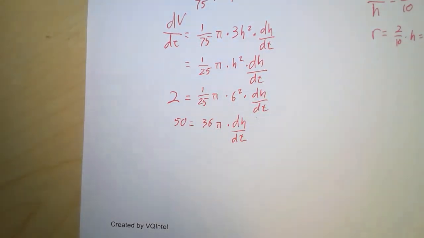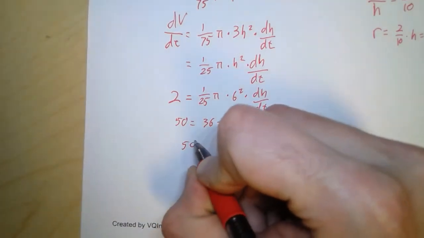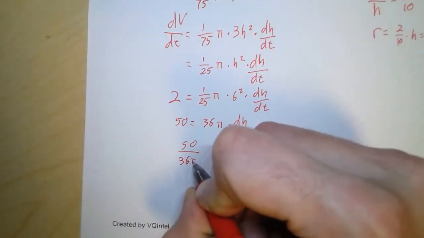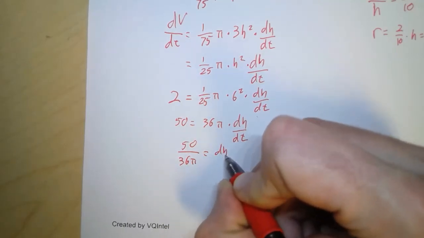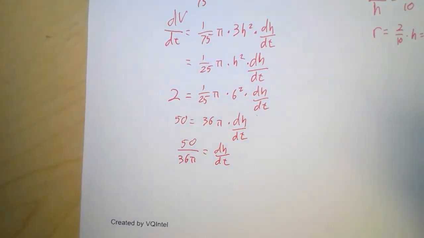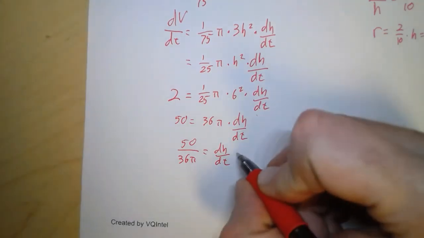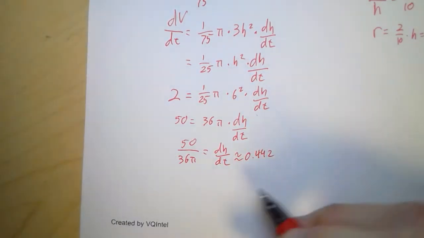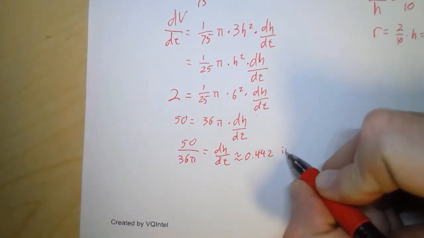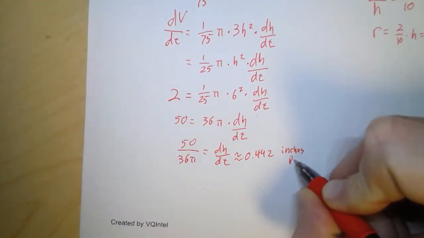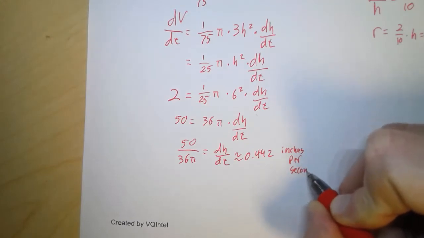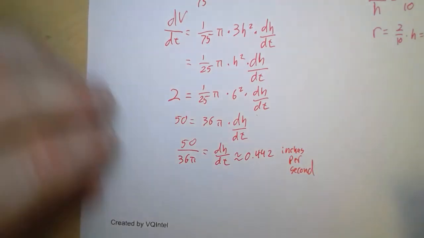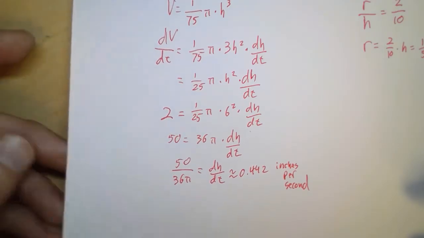And then we can divide by that whole quantity, 36 pi. 50 divided by 36 pi equals dh dt. And that is an exact rate, but if you want to find the approximate, that's going to be approximately 0.442. And the unit here is inches per second. That is the rate at which the water level for this cone is rising.